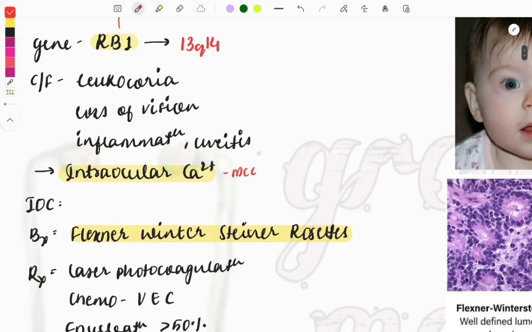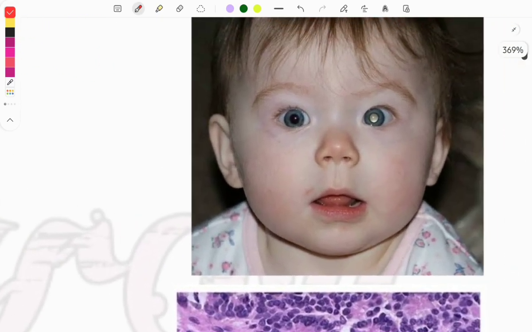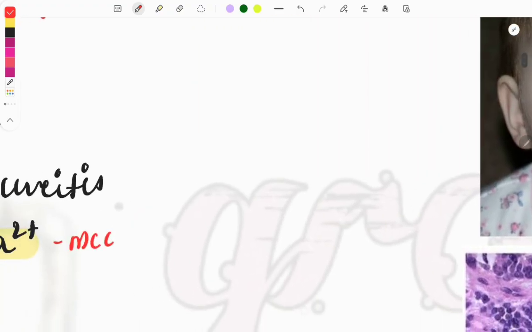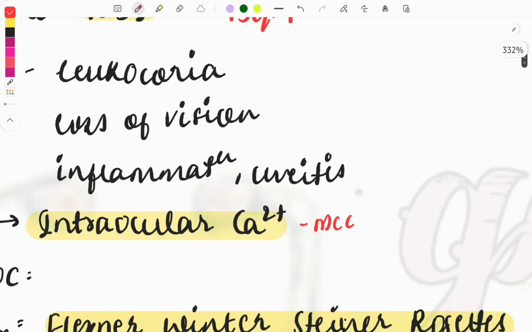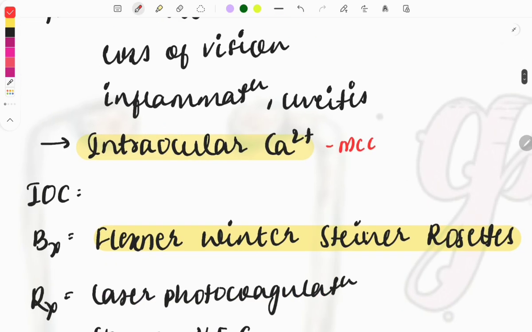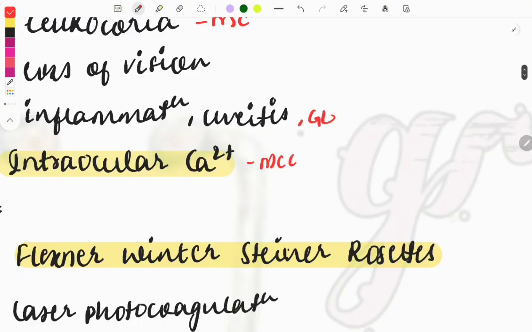Now looking at the clinical features, leukocoria means this whitish appearance. If you can see here in this eye, the whitish appearance is called leukocoria, sometimes referred to as a cat eye appearance, and this is the most common feature seen in these patients. Then there can be loss of vision, inflammation, uveitis, and sometimes glaucoma.